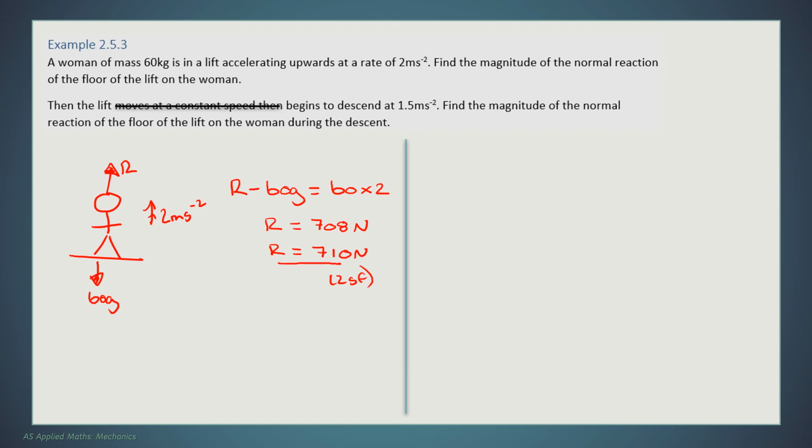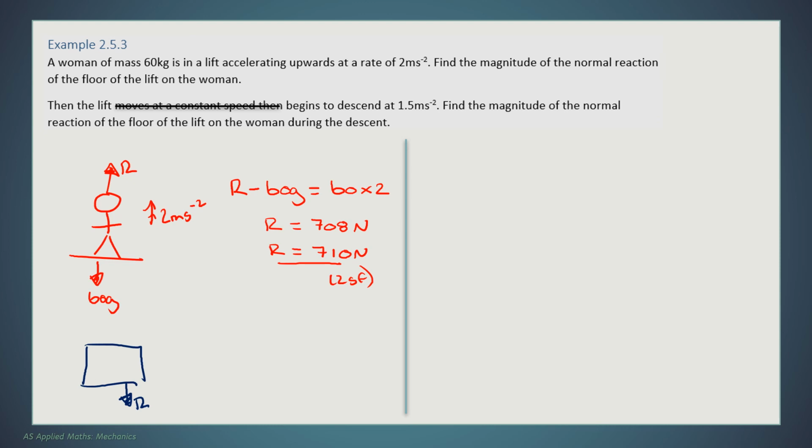If you were asked to find the magnitude of the force exerted by the person on the lift, this working out would do, because if you remember what we said, if we're looking at the lift, there is an equal and opposite force to that R. So sometimes you get a question where it says the magnitude of the force exerted by the person on the lift, which is the same as by the lift on the person.